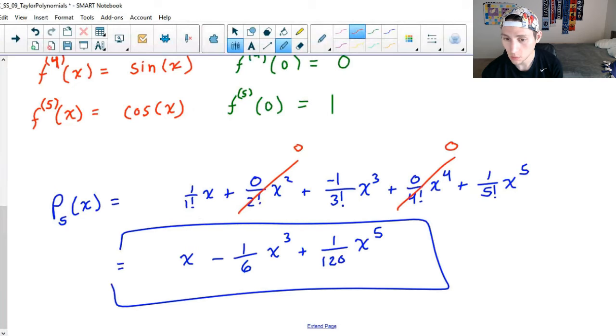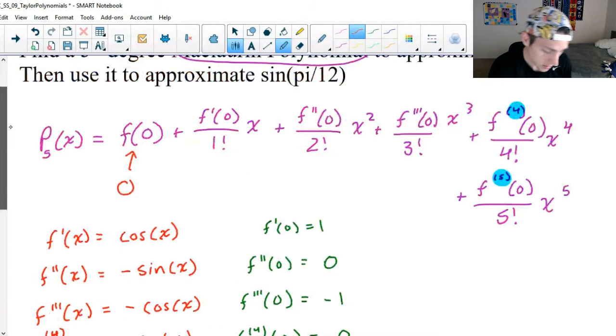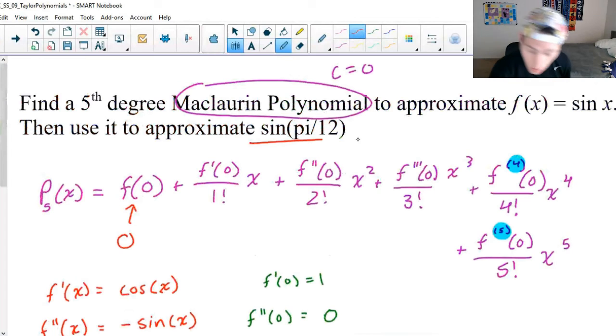Now, what is the actual value? Oh no. Drop my pen. Right, because we want to know what is the approximation of sine of pi over 12?